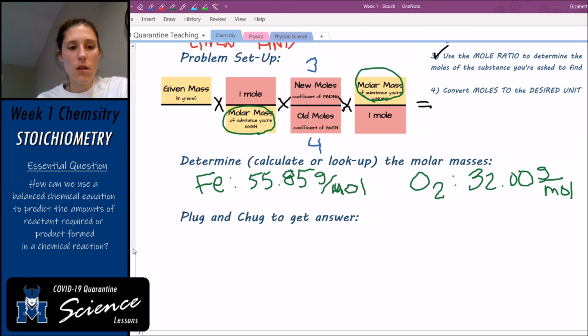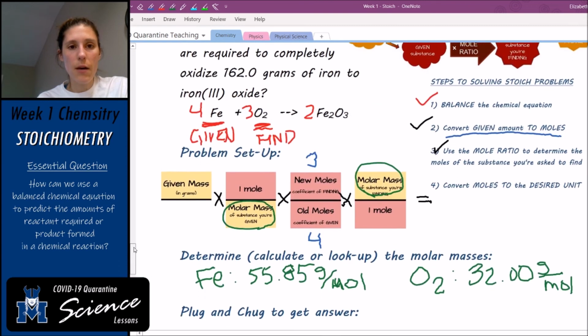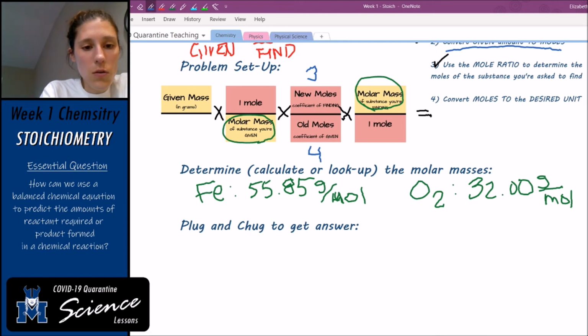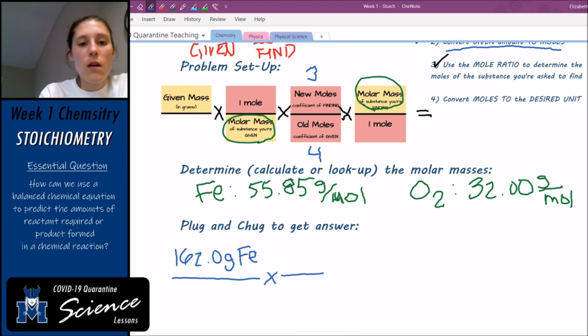So I was given in the problem way back up here 162 grams of iron. Okay, so let's go ahead and write down 162 grams of Fe. Okay, and I underline it. Okay, the first thing I need to use the molar mass to get to moles.